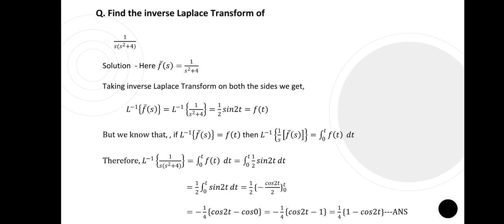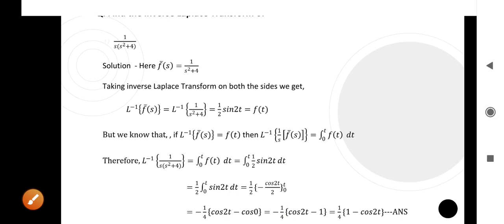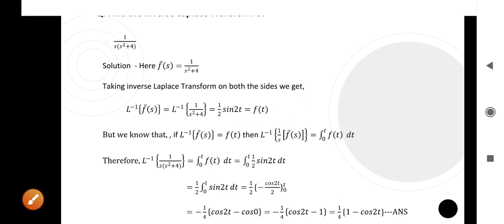Now taking this minus sign inside this bracket, we get the final answer as 1 by 4 into bracket 1 minus cos 2t. Remember, this is not the final answer, but it is the intermediate answer, and this is the final answer which we have obtained after taking integration once, and that is with respect to t. So this is our final answer.